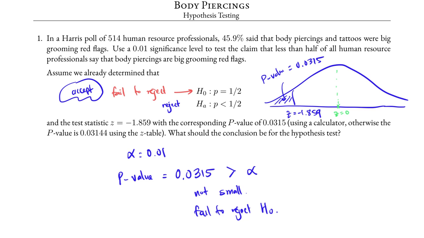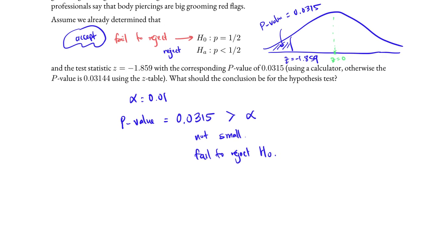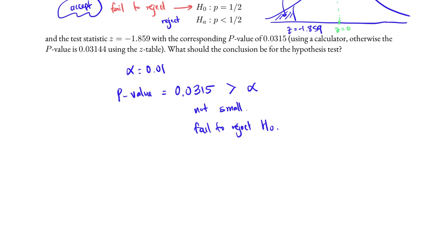And so in the conclusion, we would state that we fail to reject the null hypothesis. The statement is a little bit more colorful, such as we do not have evidence to warrant the rejection of the null hypothesis.